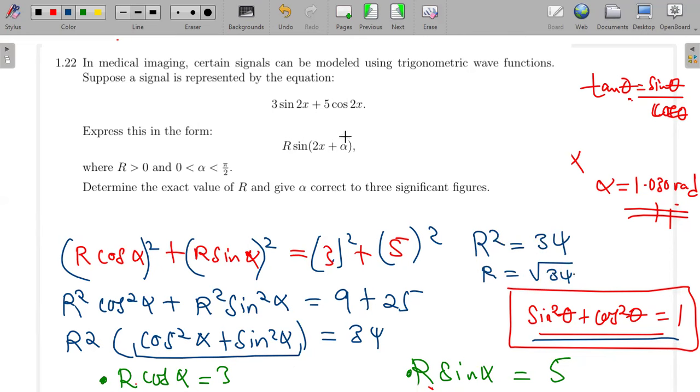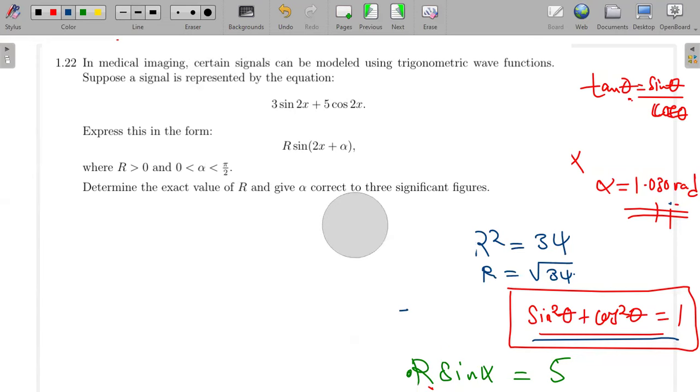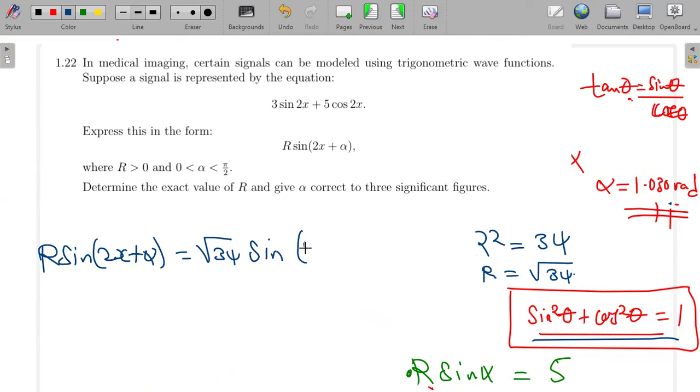And then we found this angle here, the alpha, to be this. So we can actually represent this in this form. Let's write it. So in that form, r sine of 2x plus alpha will just be equal to the root of 34 sine of 2x plus this angle here, which is 1.030.